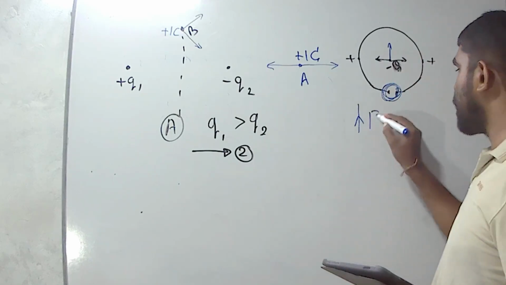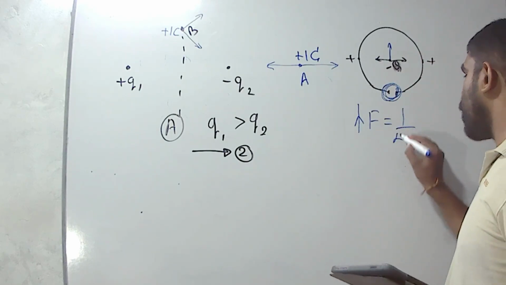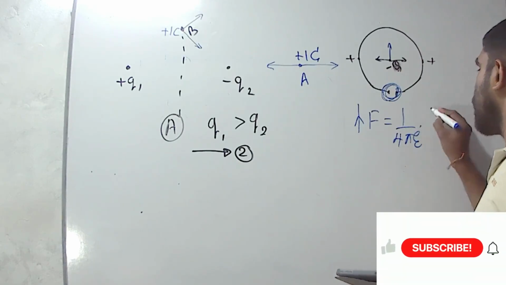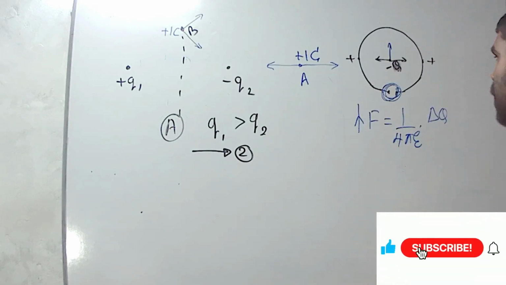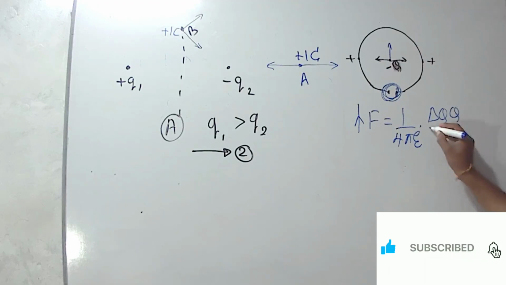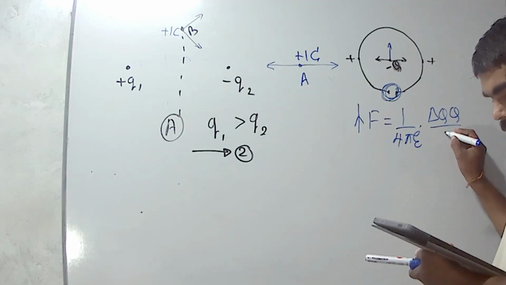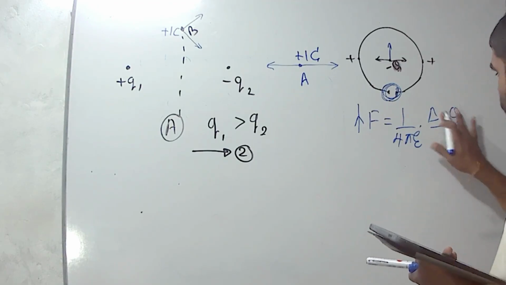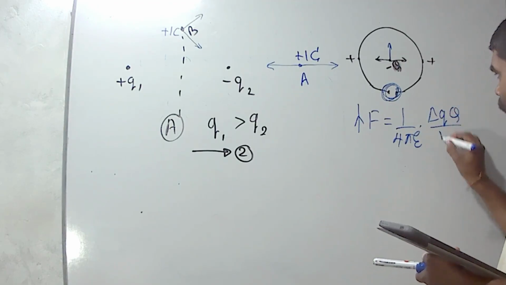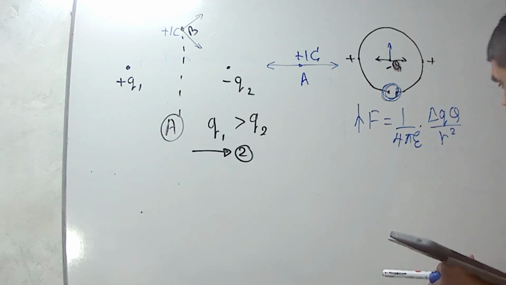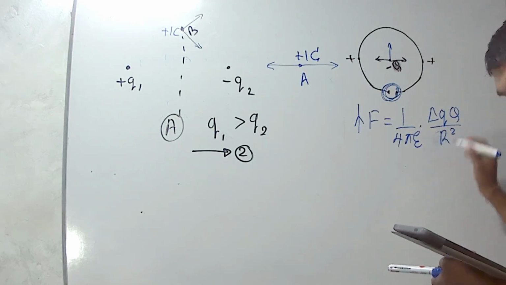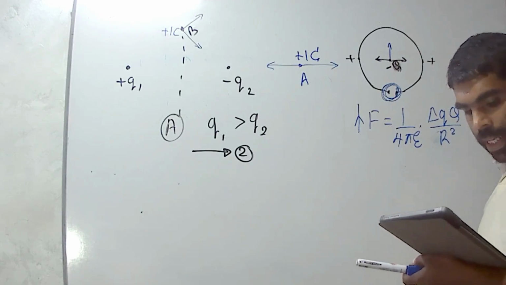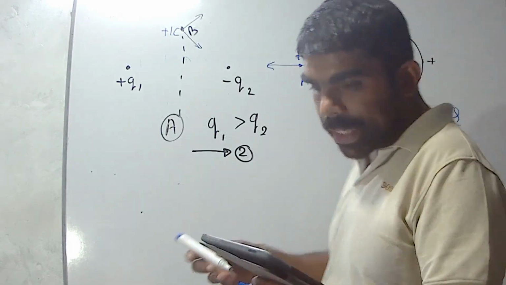Then we can get resultant force 1 over 4 pi epsilon, removed charge delta Q into Q divided by R squared, where the radius is given as capital R, along the plus y direction.